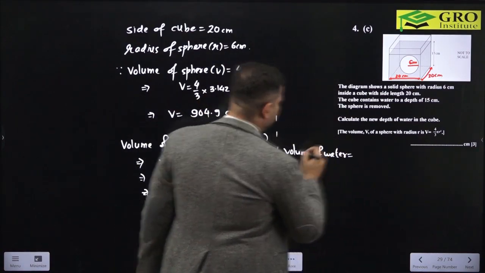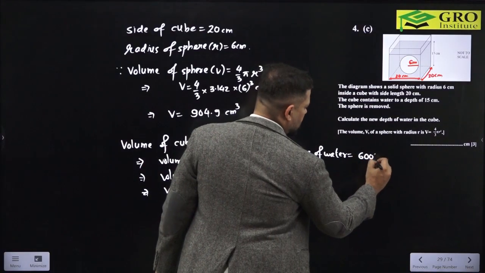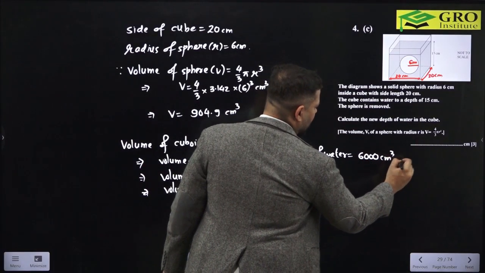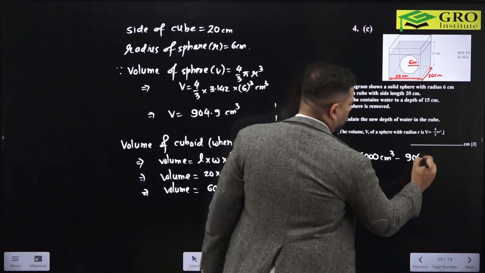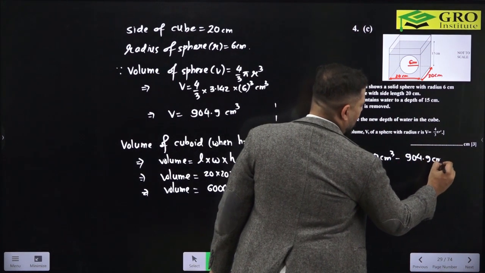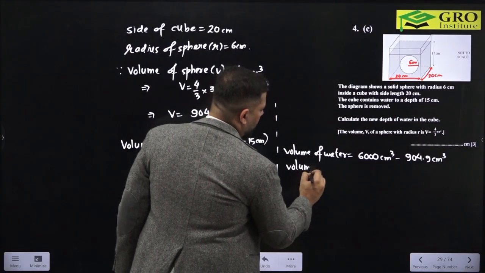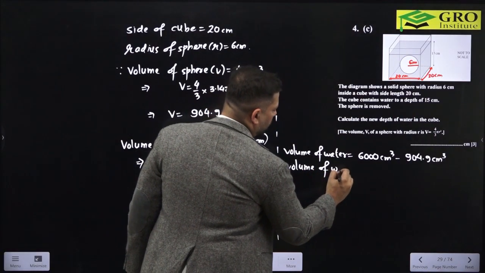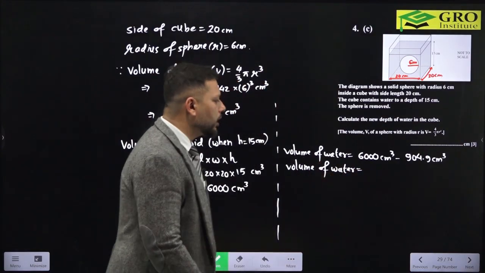It will be the difference of the volume of cuboid, that is 6000 centimeter cube, and the volume of sphere, that happens to be 904.9 centimeter cube.